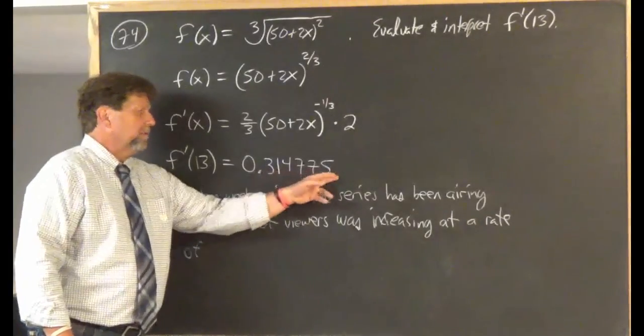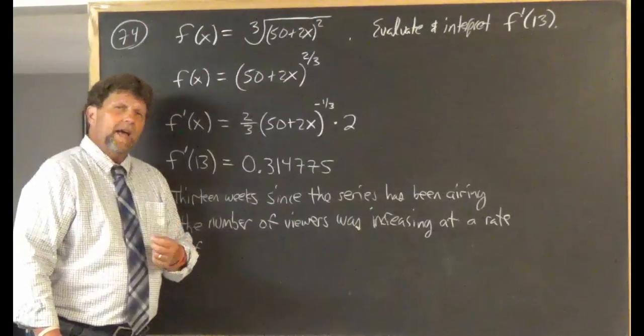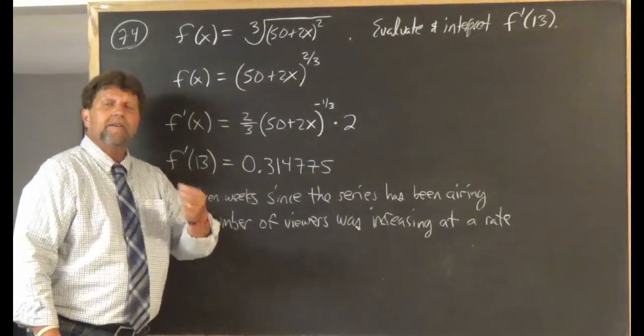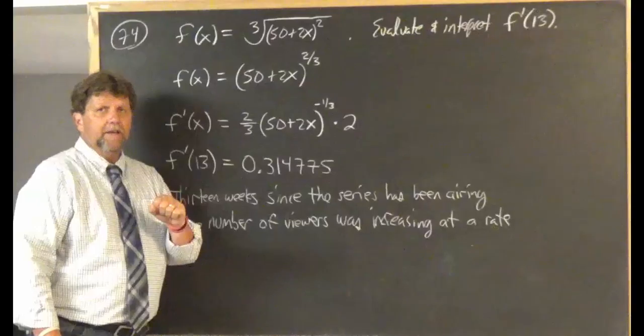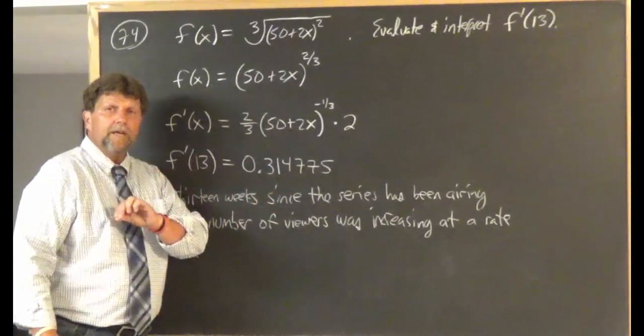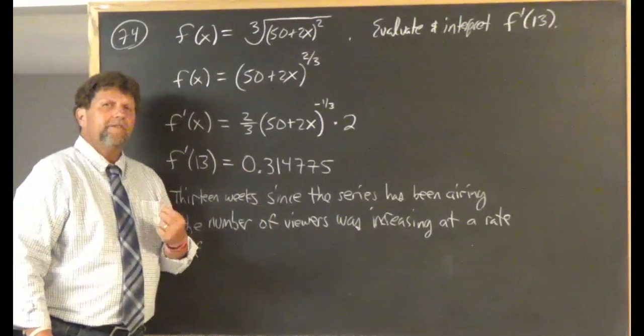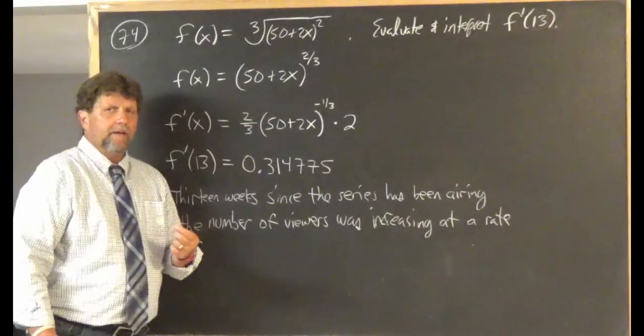So you can move the decimal point to the right and you would say 314,775 viewers per week.